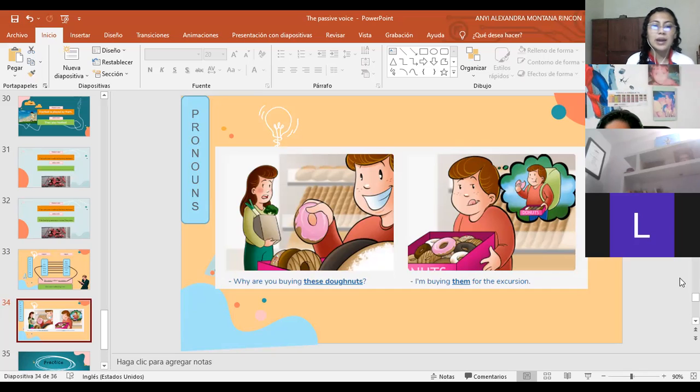So, why are you buying these donuts? I'm buying them for the excursion. For example, if I say, have you ever watched Shrek? ¿Cómo me responderían ustedes? ¿Han visto Shrek?